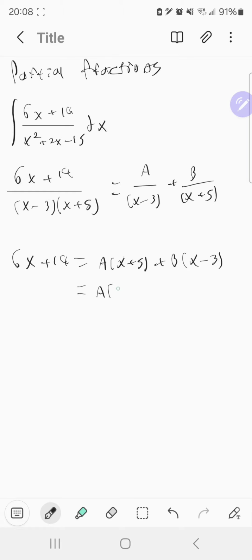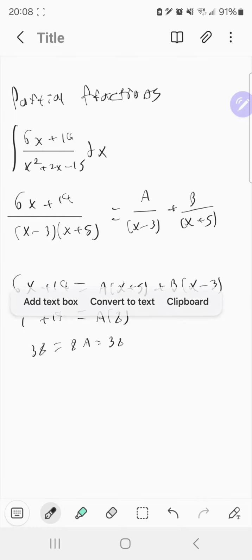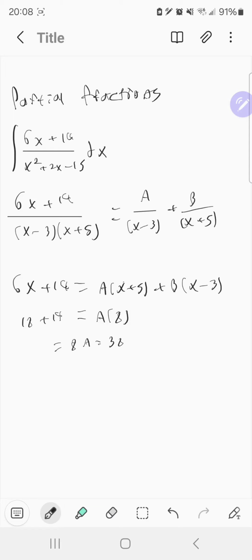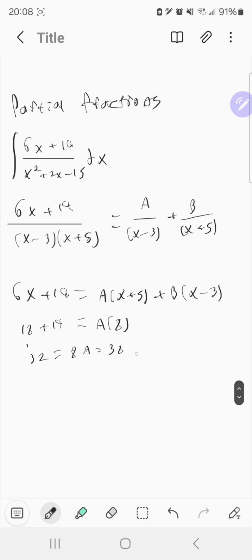So 3 plus 5 is 8. 6 times 3 is 18, 18 plus 14, that's 32. So 8A equals 32. Now divide both sides by 8. 4 equals A.